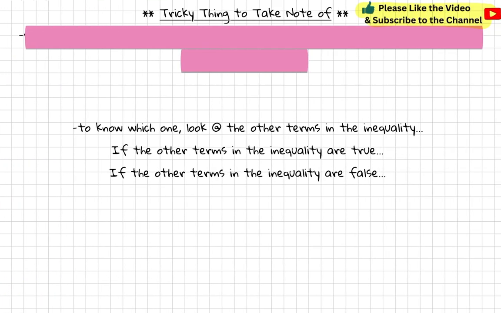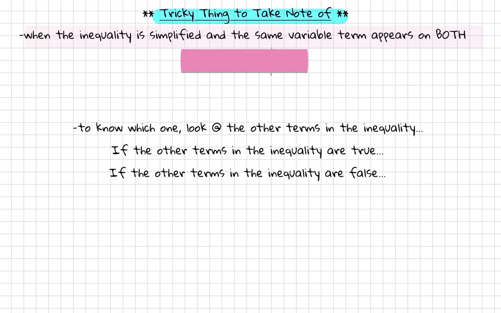One thing I want to talk about that is, I think, important to note, because those will come up in those tricky questions that I like to highlight for you guys, is that when the inequality is simplified and the same variable term appears on both sides, the solution is one of 2 things, and I'm going to write that out.